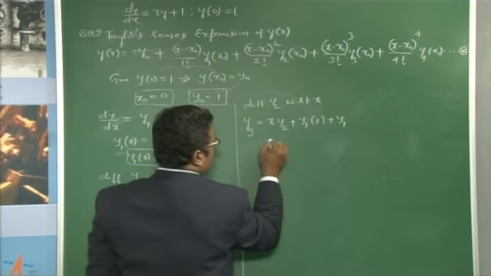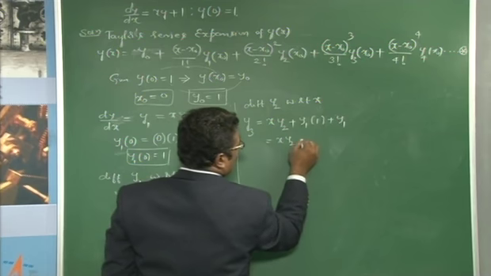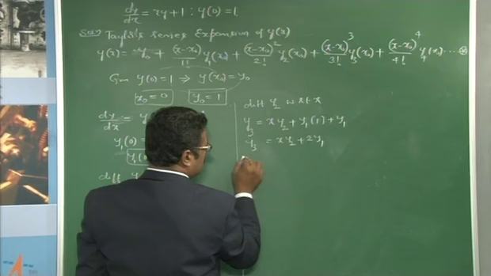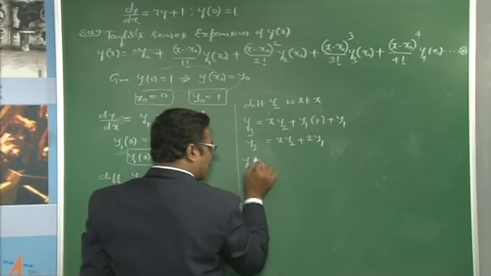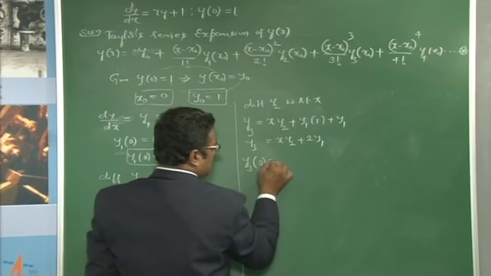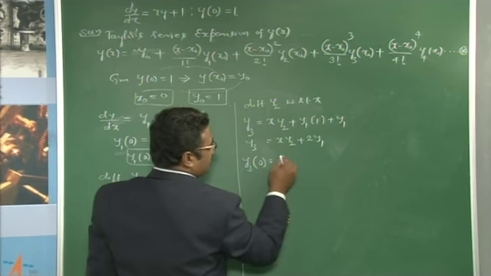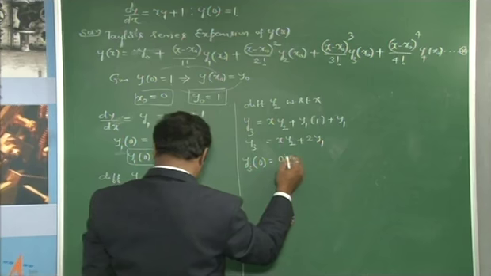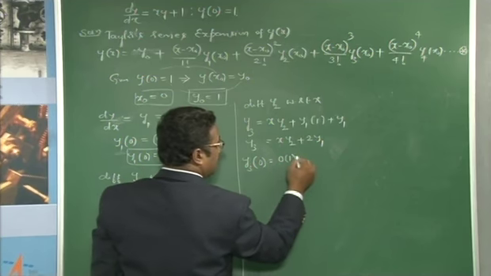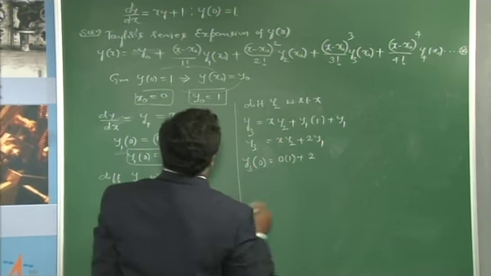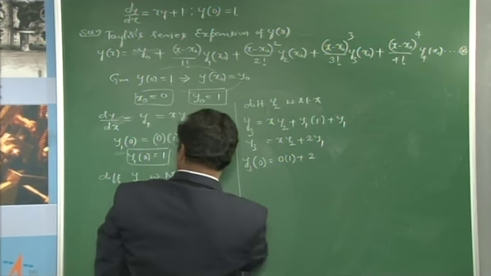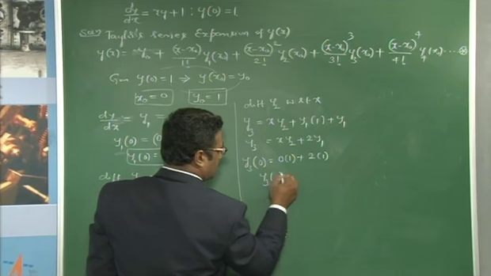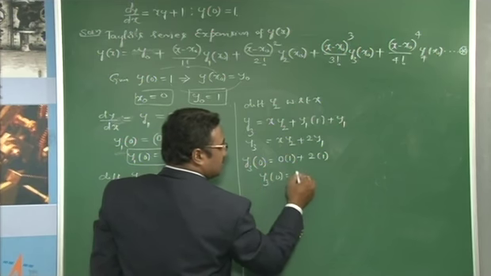Adding these two, we get x y2 plus 2 into y1. Then y3 at the point x0 equal to 0: this becomes 0 because x0 is 0, times y2, where the y2 value is 1, plus 2 into the y1 value, which is 1. Then y3 of 0 becomes 0 plus 2.